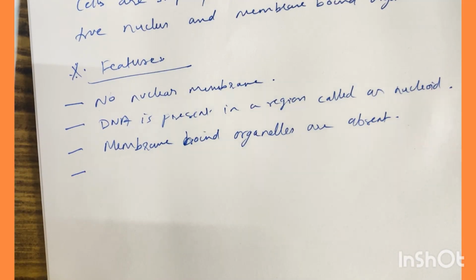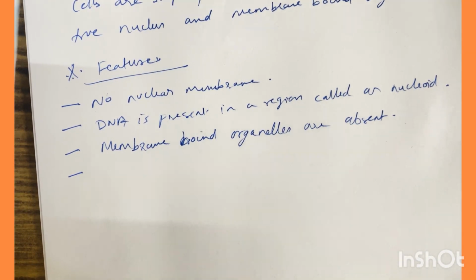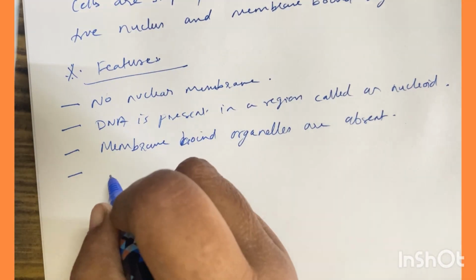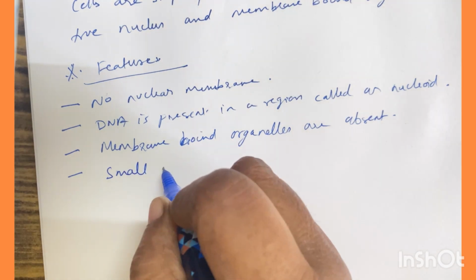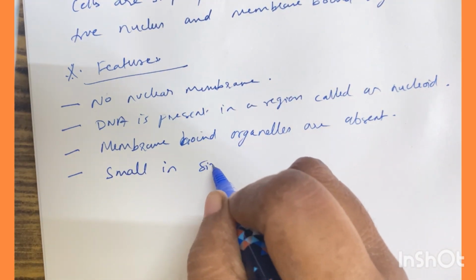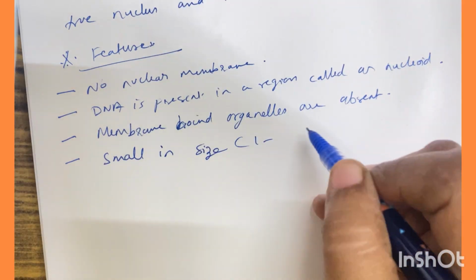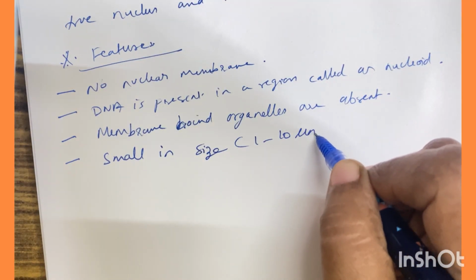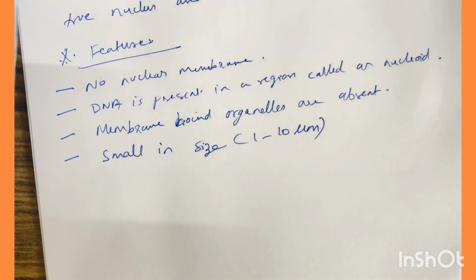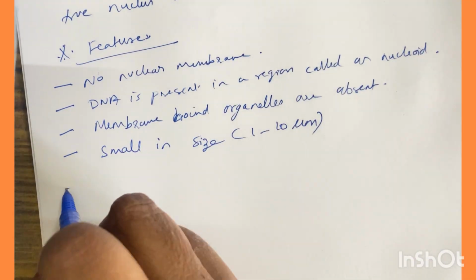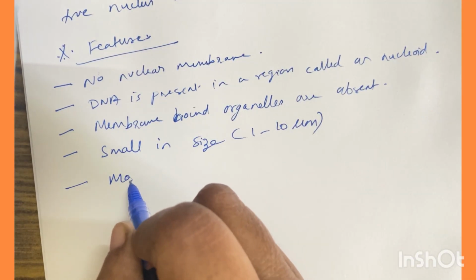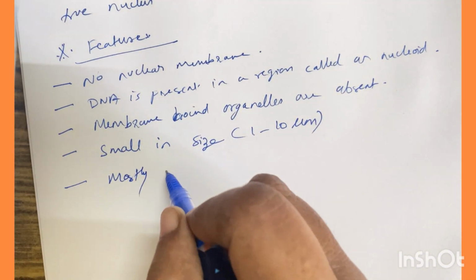For example, mitochondria, endoplasmic reticulum, Golgi bodies, etc. They are all absent and usually they are small in size. Okay, they are usually small in size, approximately from 1 to 10 micrometer in size. Okay, and these are mostly unicellular.